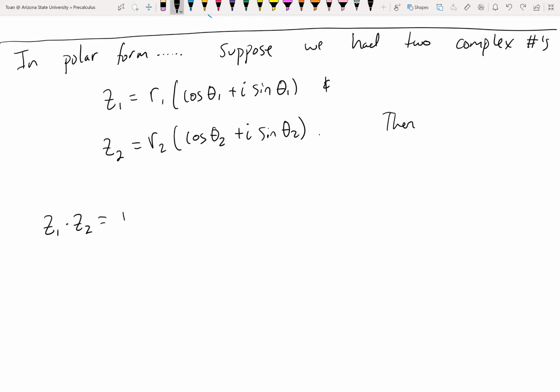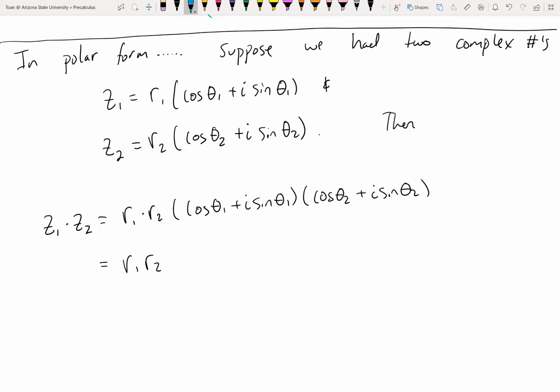So we have r, and in terms of multiplications, I like to move the monomials in front. So it's r sub 1 times r sub 2, and then the parentheses will multiply each other. And then the rest is just algebra. So if you go ahead and distribute this guy correctly, you've got to be very, very careful.